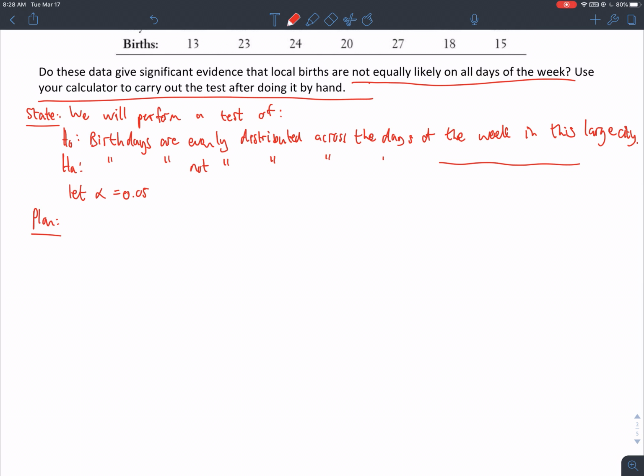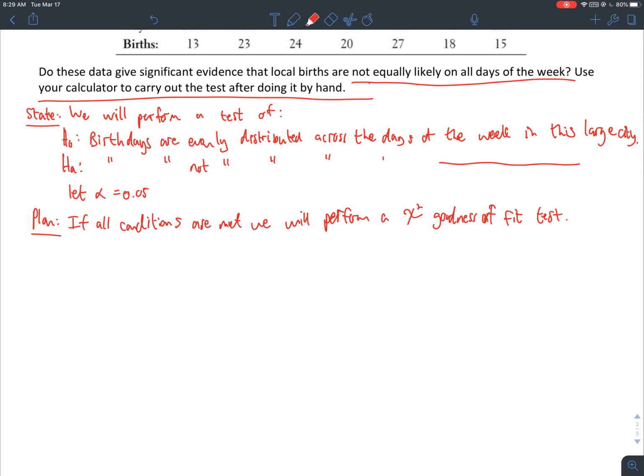And you have to name your procedure. Okay? If conditions are met, we will perform a chi-square goodness of fit test.